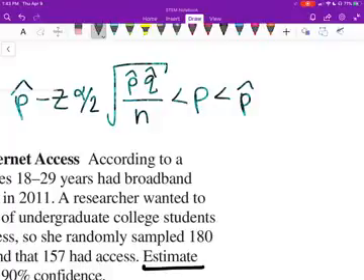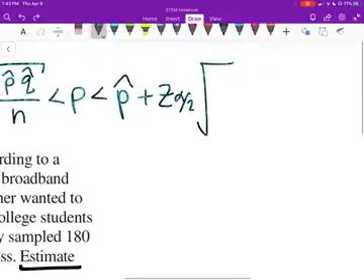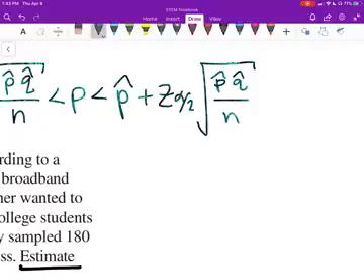P-hat, but plus z of alpha over 2 times the square root p-hat times q-hat over n.